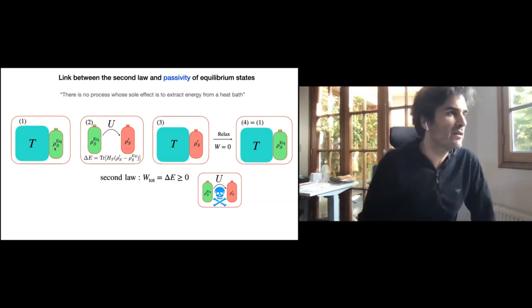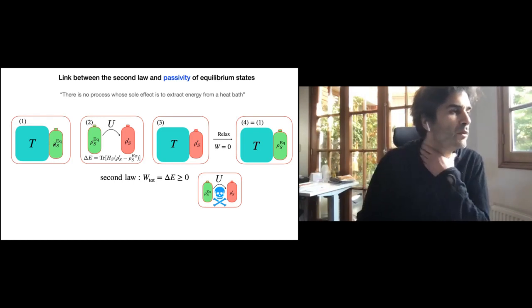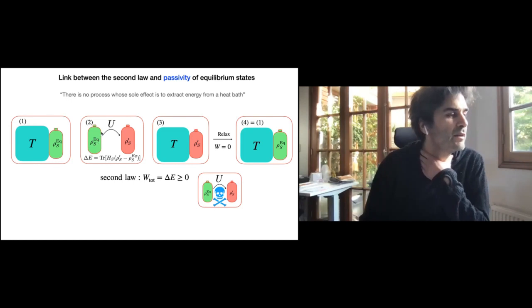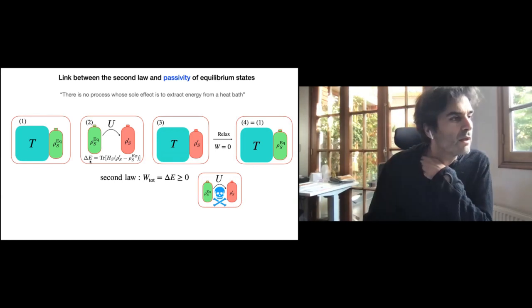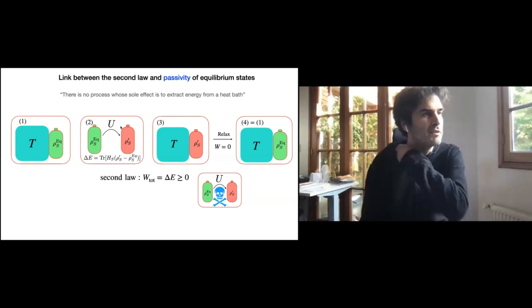And it is a very simple cycle. We consider our system, which will be the battery, in equilibrium at a given temperature T. Then we disconnect the battery and we perform this unitary transformation, which changes the energy by this amount delta E. So delta E is the final energy minus the initial energy.